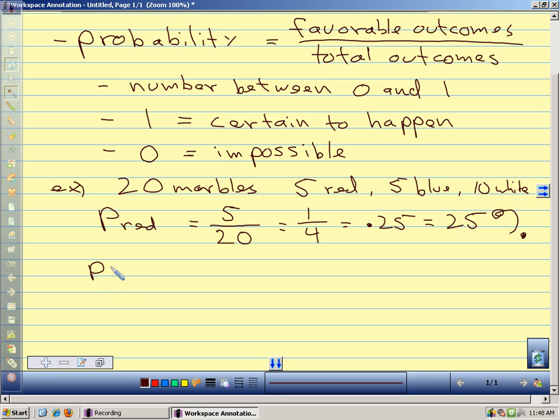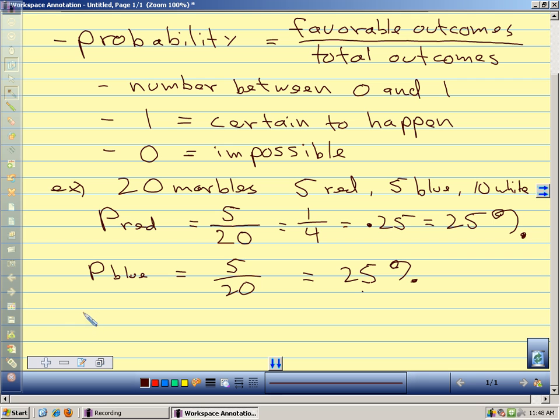How about the probability of picking out a blue marble? It's the same, right? We have 5 out of 20. Same thing. So we can write that's 25% also.